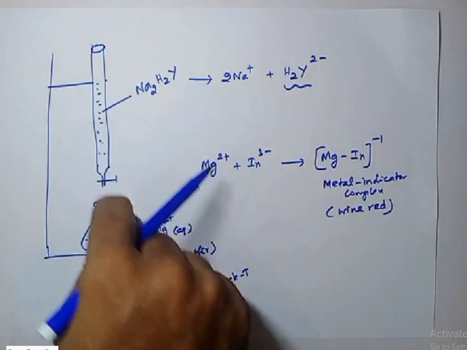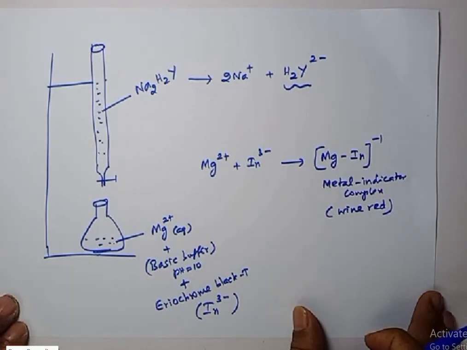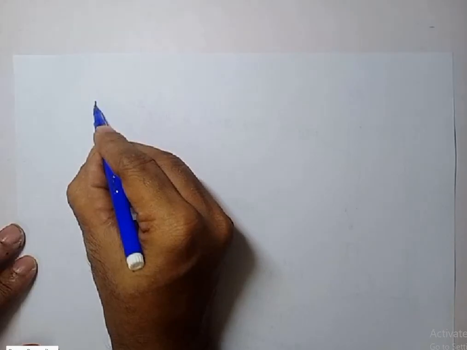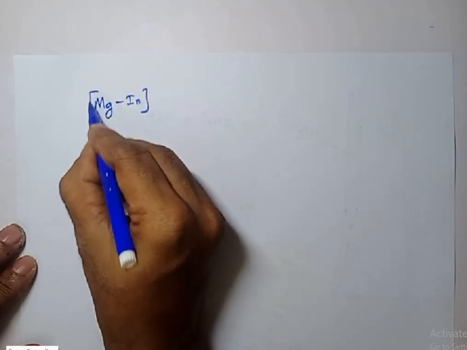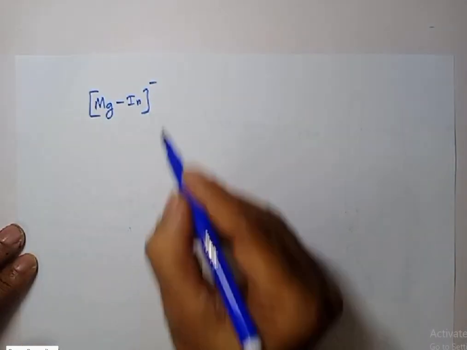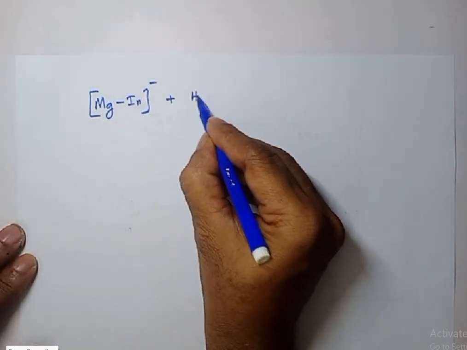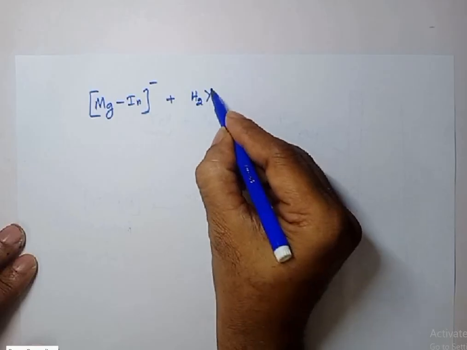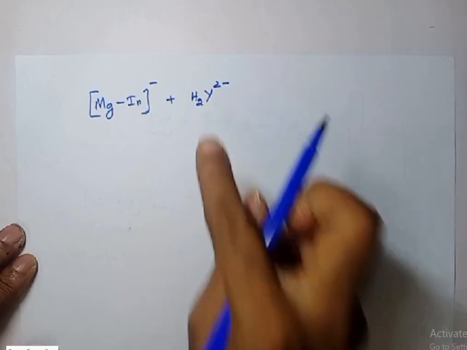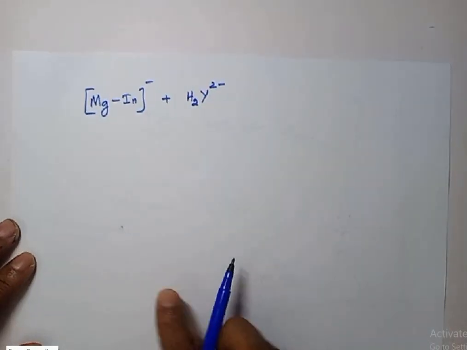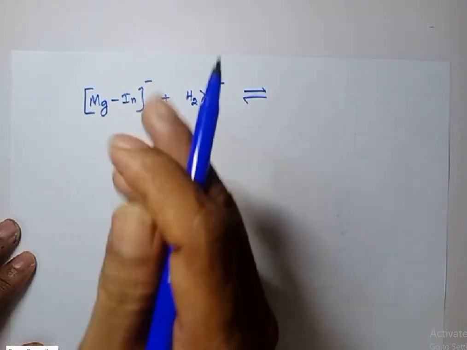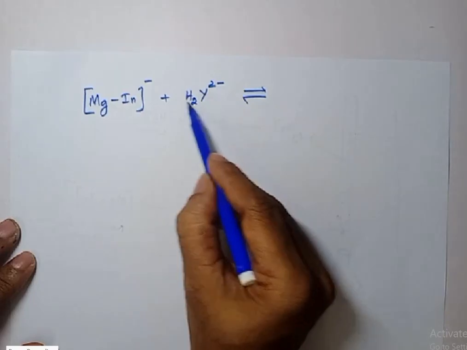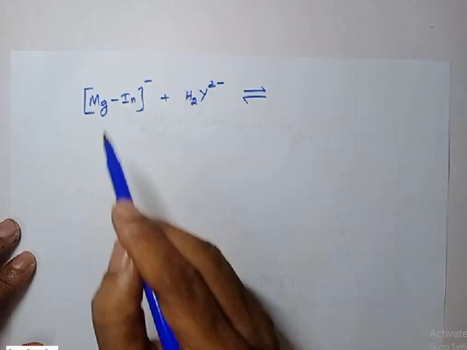Now, if you add the titrant, what will happen? Let me write on the next page. Look carefully. We have the magnesium indicator complex. To this, we add the titrant. The titrant contains the ligand, which exists in this form now, H2Y2-. At the end point or the equivalence point, this ligand reacts with the magnesium.